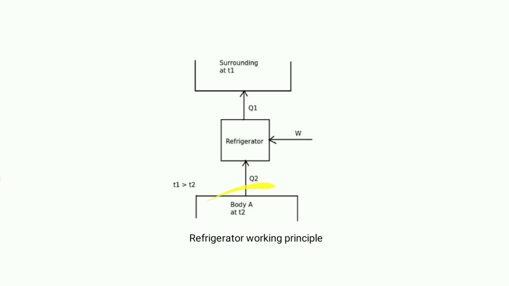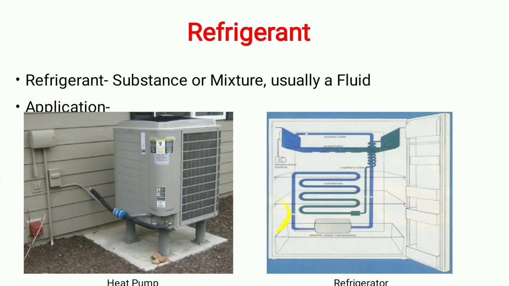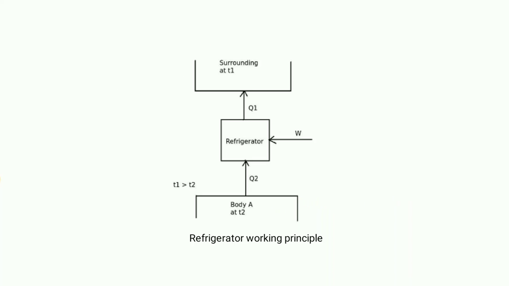This is the area where we want to maintain a desired lower temperature, where we put food and other things. The refrigerant takes heat, and that heat is taken out to the surrounding. That's why you can see here T1 temperature is greater than T2. So this is how the refrigerator works.